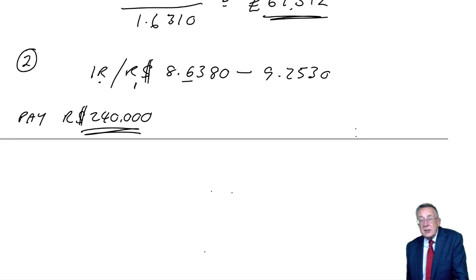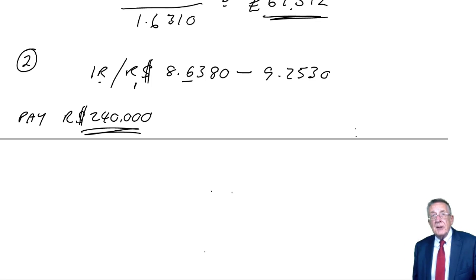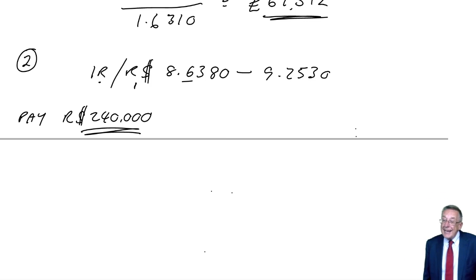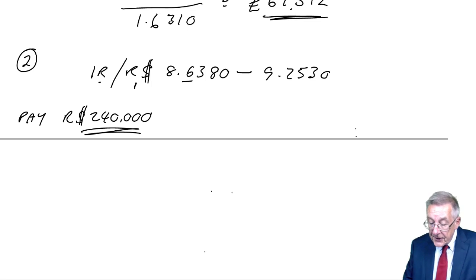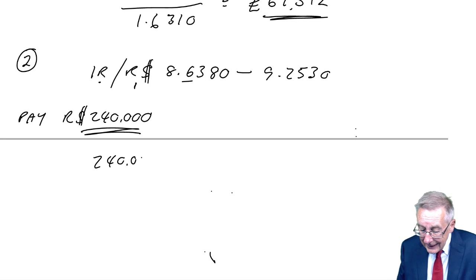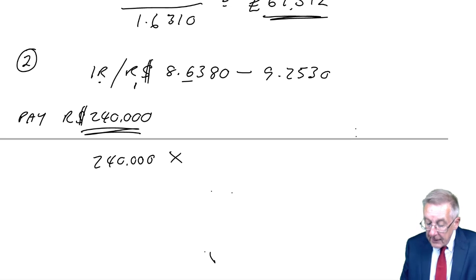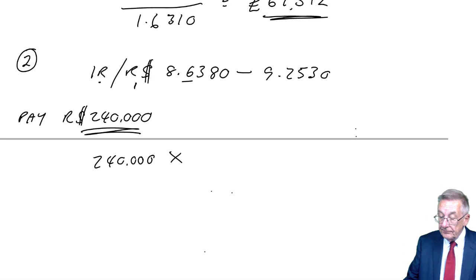So every Ruritanian dollar will cost us somewhere around 9 rupees. So how many rupees will it cost for 240,000 Ruritanian dollars? If $1 costs us 9 rupees, 240,000, we're going to have to multiply by the exchange rate.